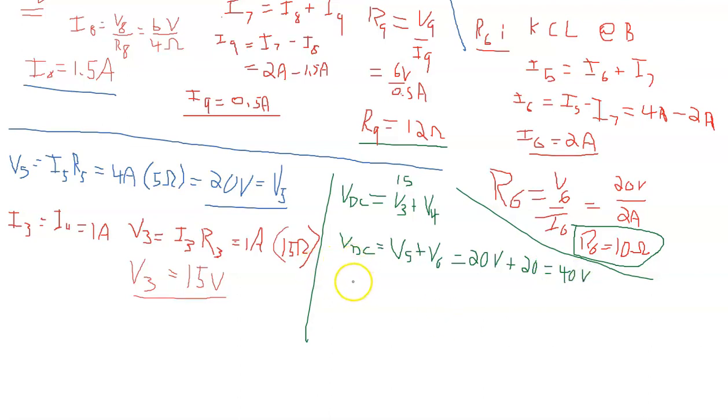So therefore, V4 is equal to VDC subtract V3. And so we have 40 volts subtract 15 volts. And that means that V4 is 25 volts.